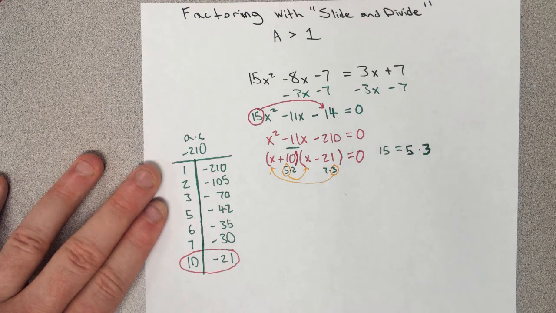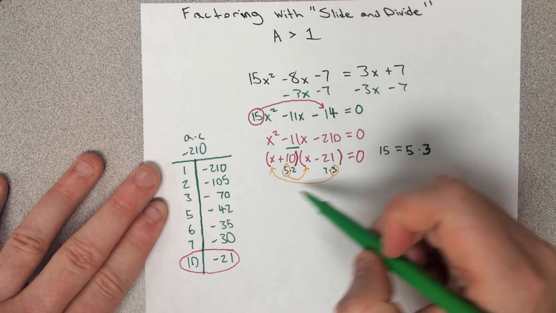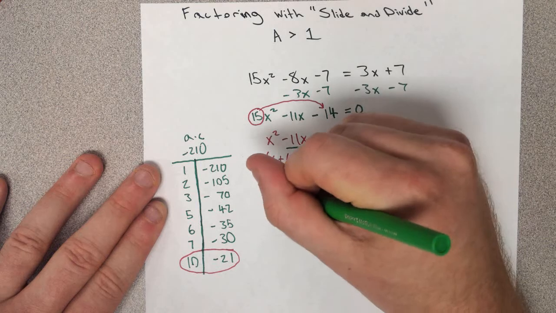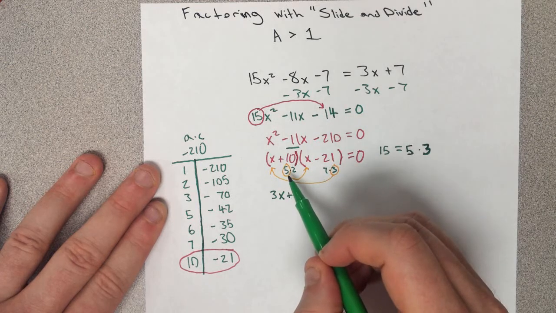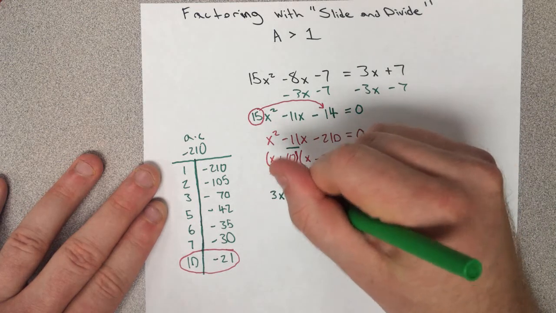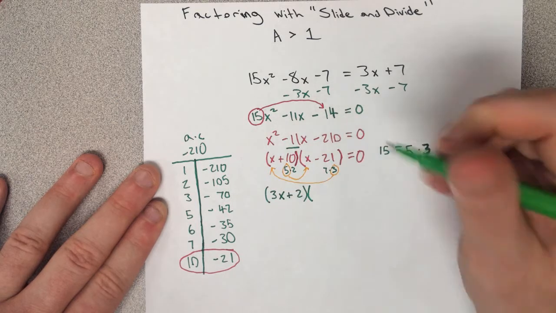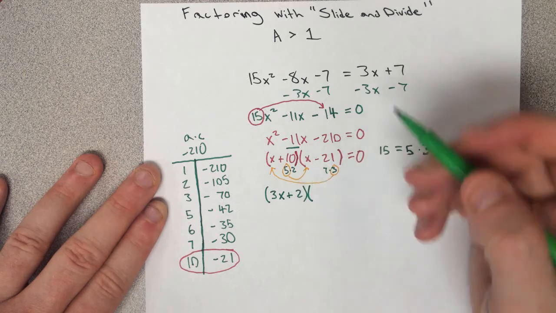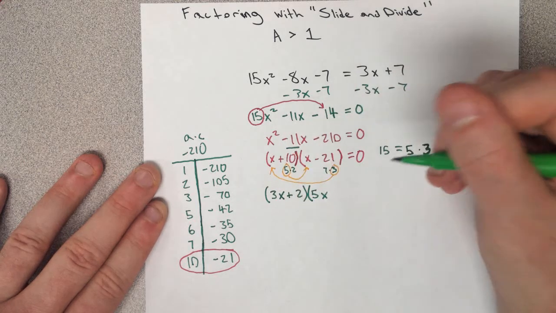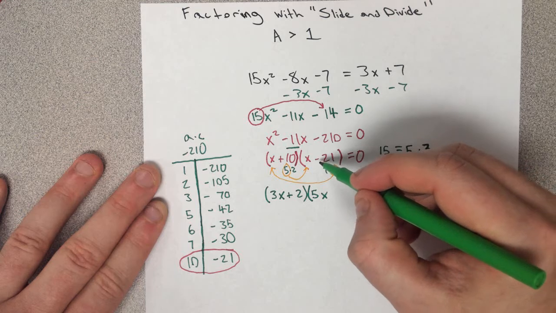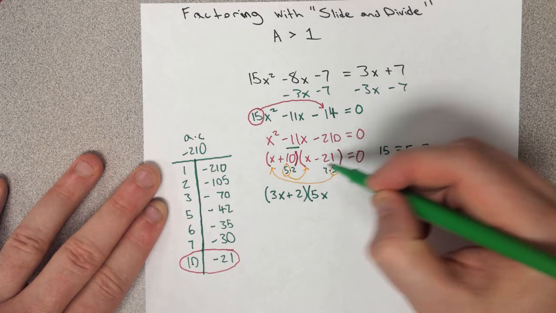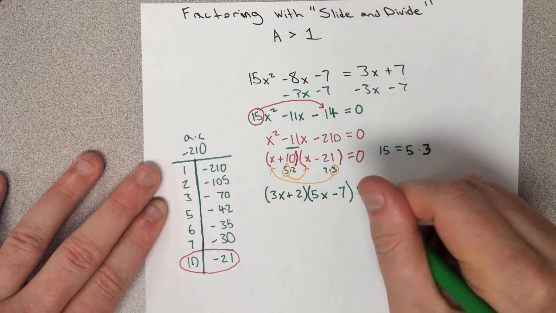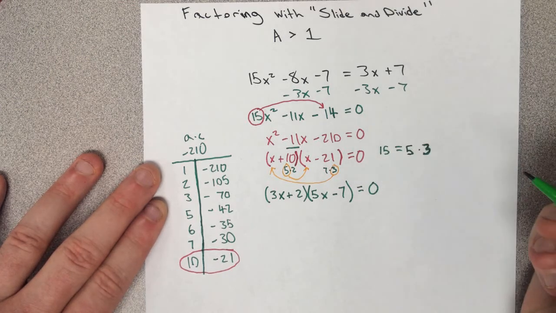All right, so the factors that we're going to end up with are going to be 3 in front here, 3x, plus what's left when we divide out the 5, which is just that 2. We get 3x plus 2. And then this factor is going to be, we divided the 5 and put it in front of this one, so it's 5x minus whatever we have left here. So it's going to be 5x minus 7. All right, these are our two factors here, still equal to 0.